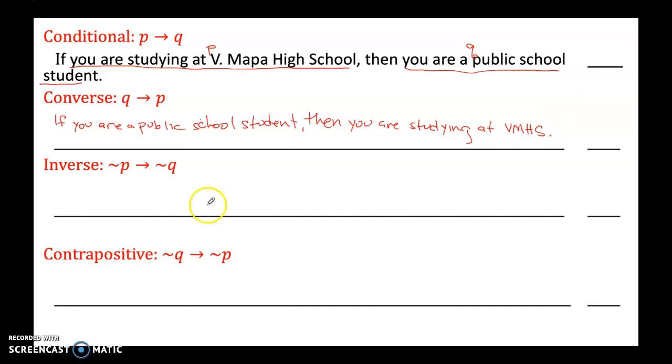For the inverse, we have not P, then not Q. So we negate the P statement and we also negate our Q statement.